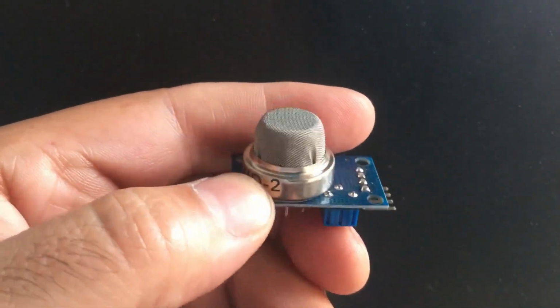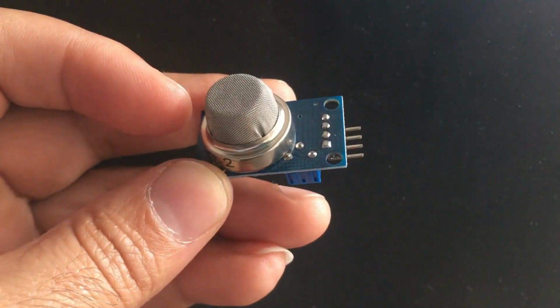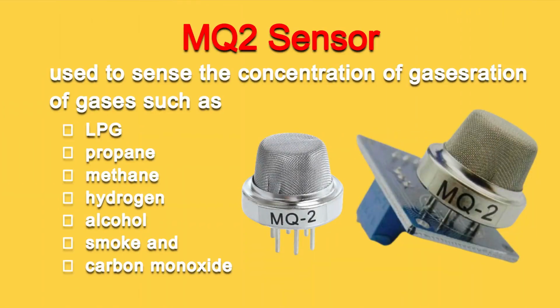As all of you know, MQ2 gas sensor is a metal oxide semiconductor type gas sensor used for sensing the concentration of gases in the air such as LPG, propane, methane, hydrogen, alcohol, smoke and carbon monoxide.